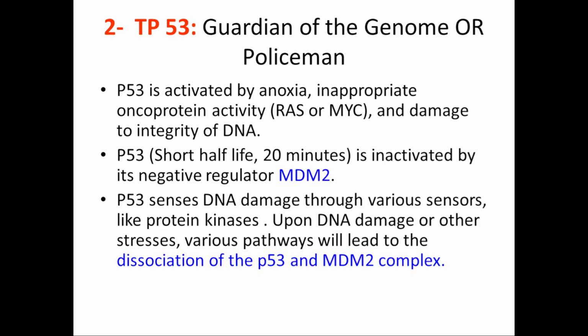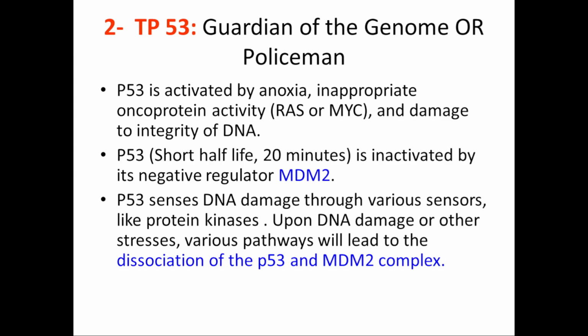The main activators of P53 are either anoxia, which is absence of oxygen supply to the cell, or inappropriate oncoprotein activities, when oncogenes like RAS or MYC are overactive. P53 senses this overactivity. The third stimulus for P53 is DNA damage.